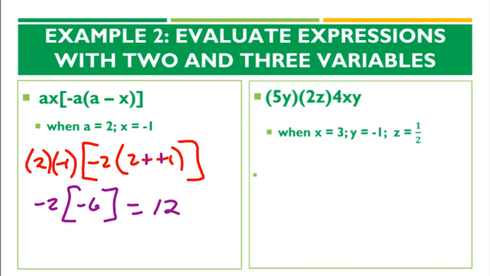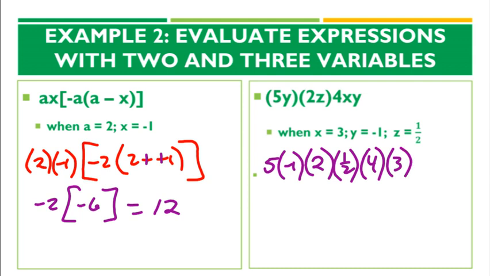Next problem. When x is 3, y is negative 1, z is half. Let's plug our numbers in. So I have 5 times a negative 1 times 2 times z, which is half, times 4 times x is 3 and y is negative 1. And we can do some simplifying here.